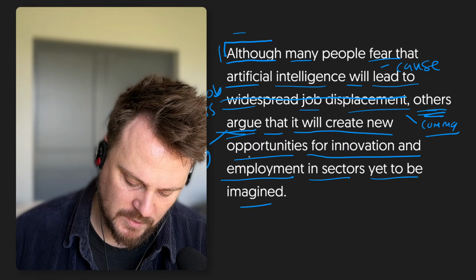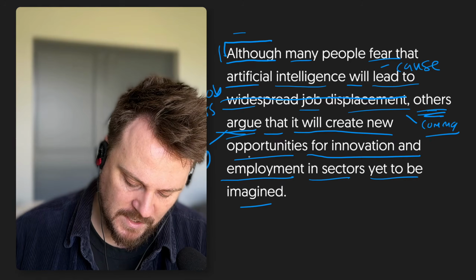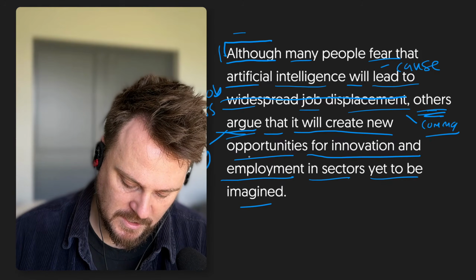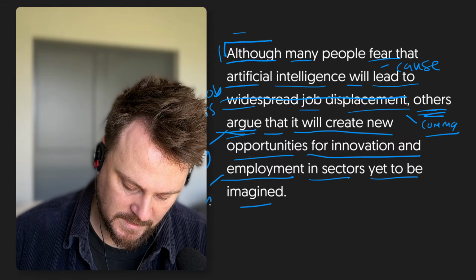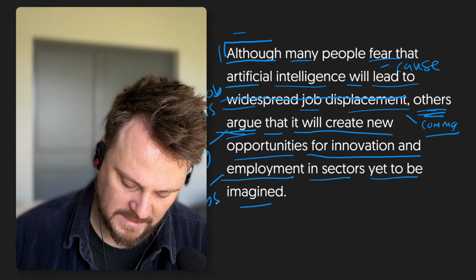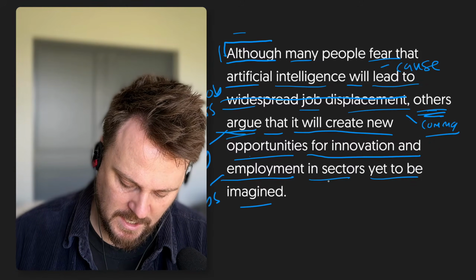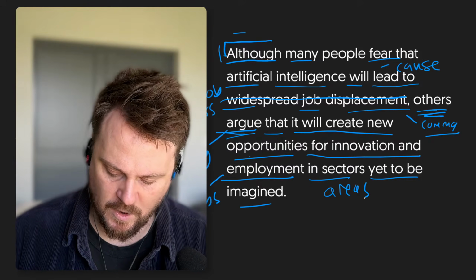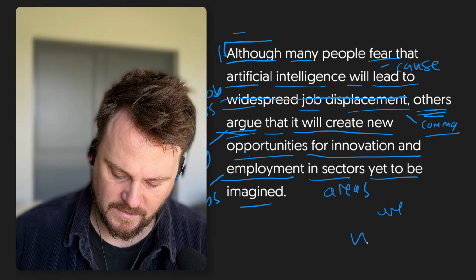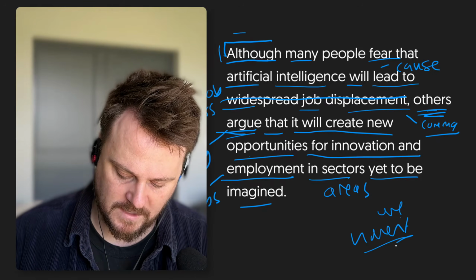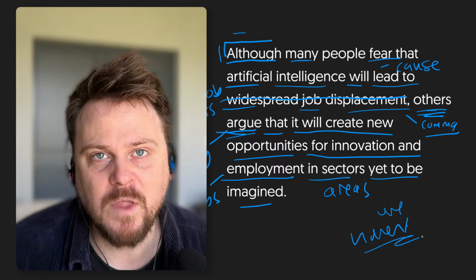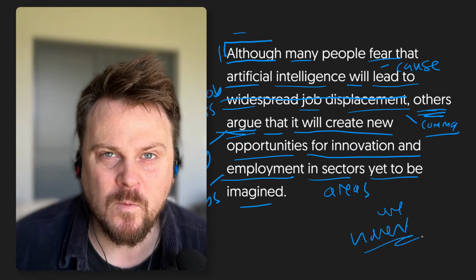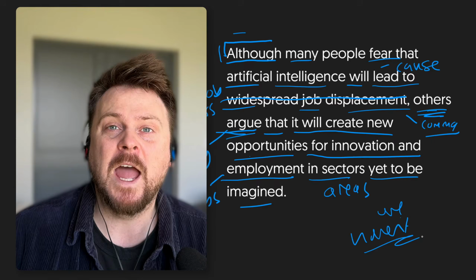Maybe I could change opportunities to chances for innovation and jobs in sectors, in areas yet to be imagined, in areas we haven't thought of yet. Okay, so I'm just kind of poking around, and I'm just noticing which things are big words and which things are the actual structure.